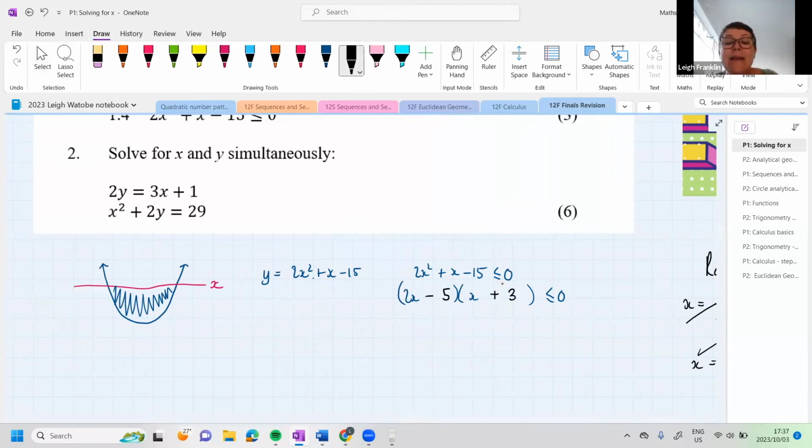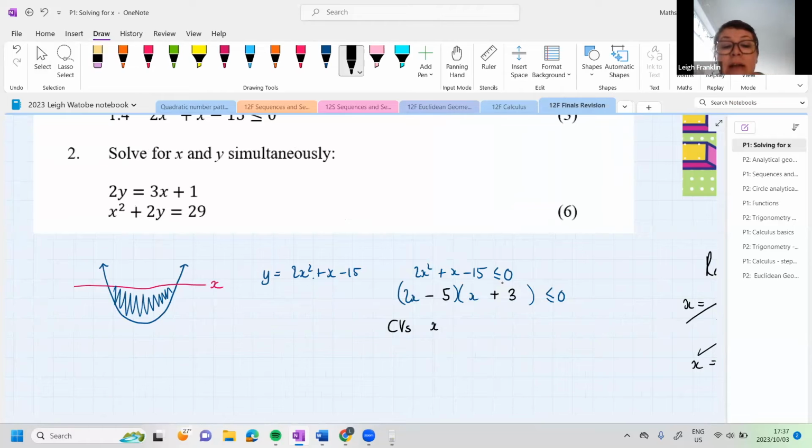Now we can say, okay, our critical values, and we have to use the words critical values. Often what happens in these sorts of questions is that students just write x equals 5/2 or x equals -3, and then they move on. We haven't actually answered the question.